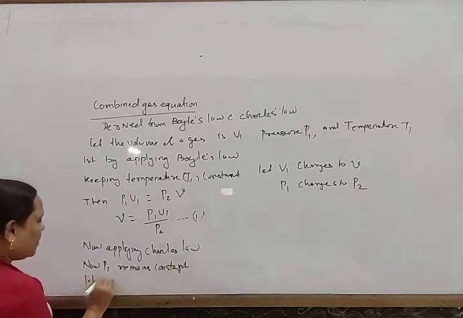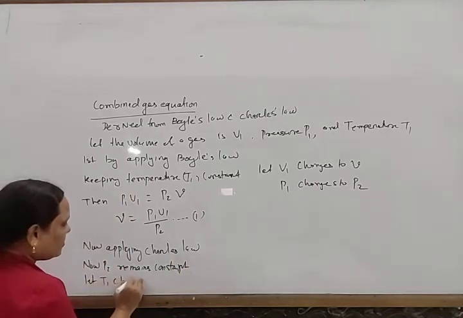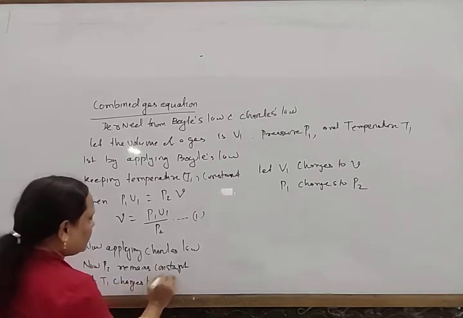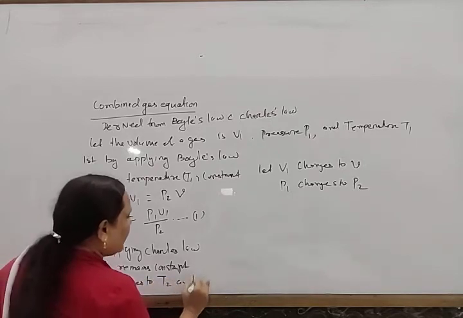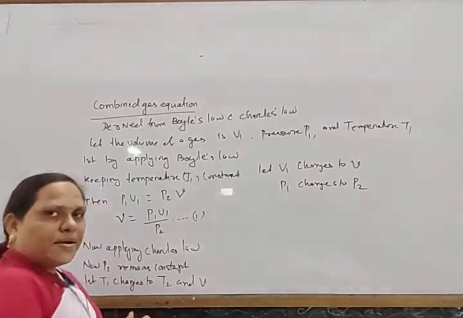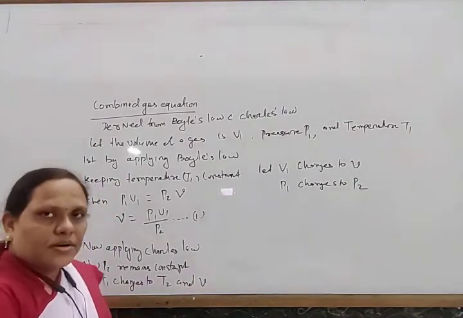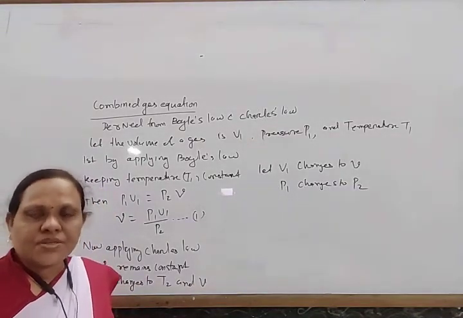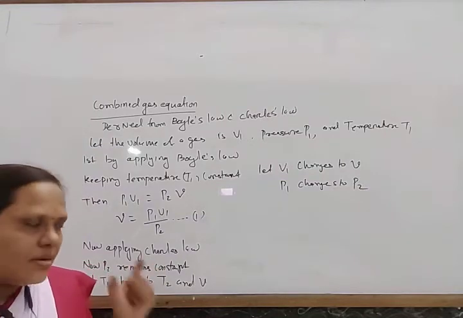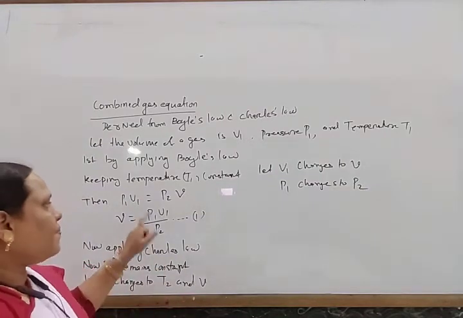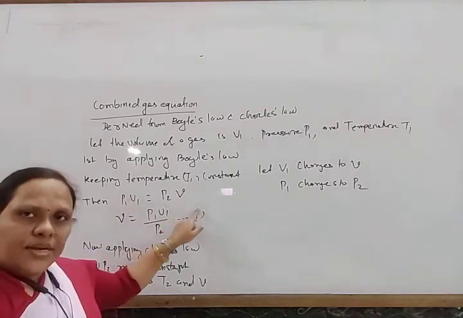Let T1 change to T2. In the first step, the volume changed by changing pressure and keeping temperature constant, from V1 to small v.